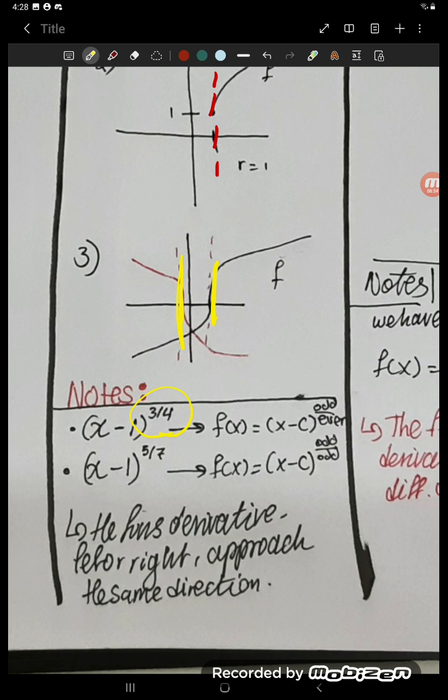And what's going to happen over here is that when you take the derivative for it, the left and the right approach the same direction. Actually, no, sorry, my bad, I said something wrong.